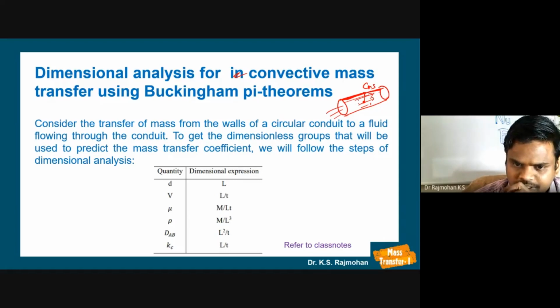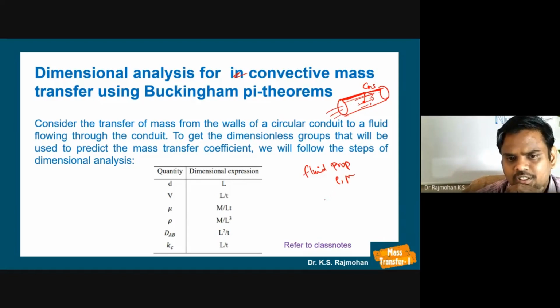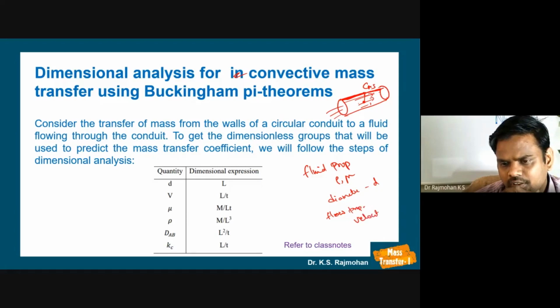For that, the mass transfer coefficient is a function of fluid properties: density, viscosity. The shape dimension property, we have diameter D. And flow properties, the fluid flow property, that is the dynamics of the fluid: we have velocity V. So that is 1, 2, 3, 4.